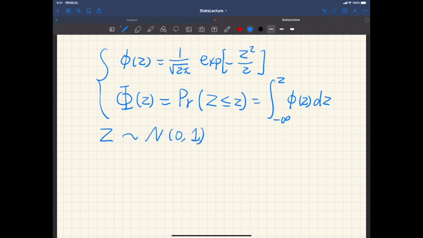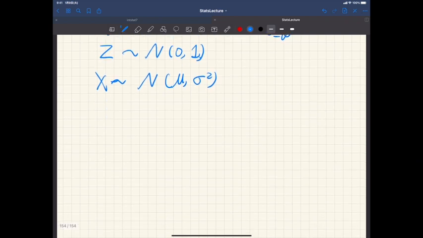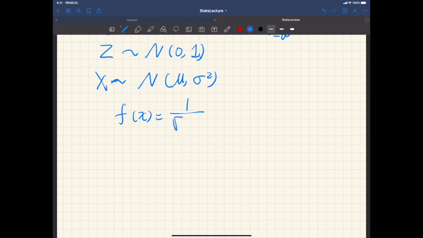Now, let's say z follows the normal distribution with 0 and 1. Suppose x follows the normal distribution with mu and sigma squared. Then the density function is, I write it again and again so you can memorize this, exponential of negative x minus mu squared over 2 sigma squared.